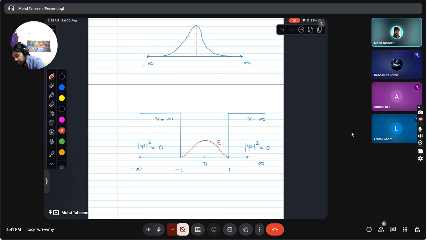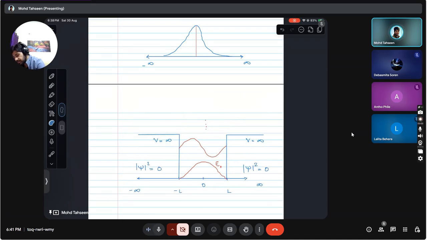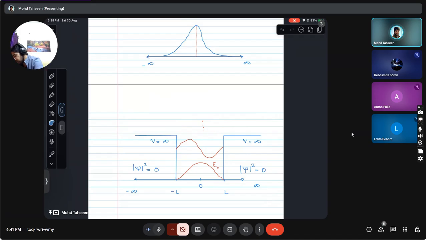Let me call it E_G, energy ground, or E naught, that's the convention. Then if this particle increases its energy, psi looks something like this, and similarly so on, right? We can find the wave shapes for different energies.